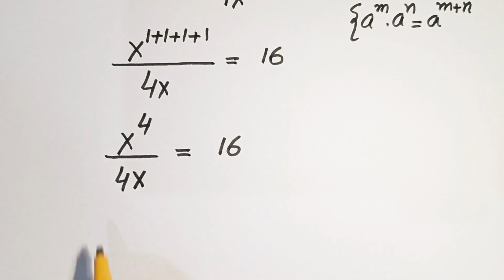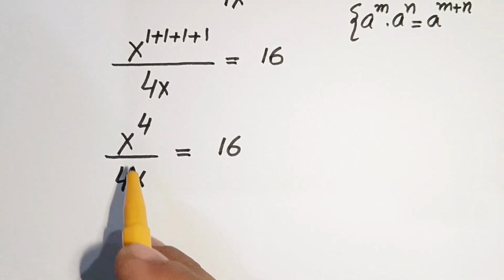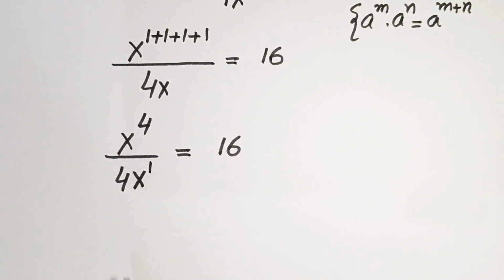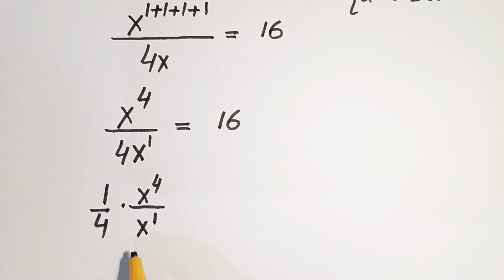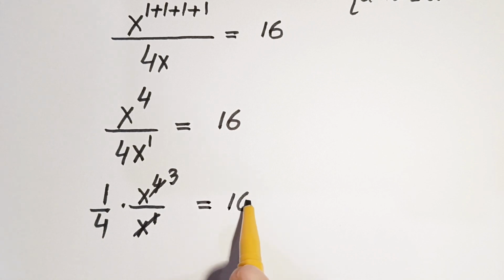So now here we have x to the power 4 over x to the power 1 times 1 over 4. If we just cancel out this x, we get x cubed over 4 that is equal to 16.